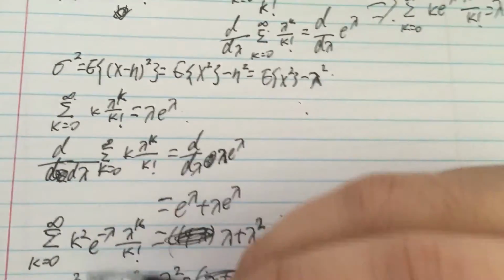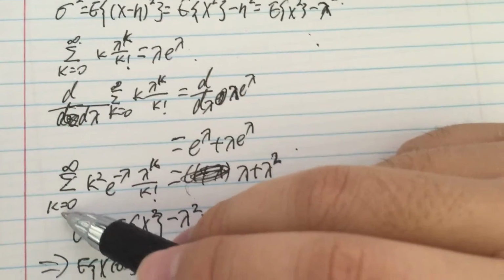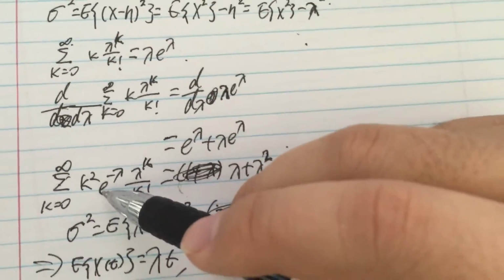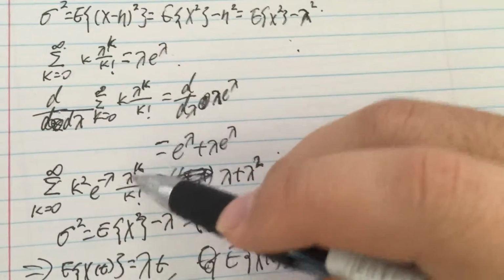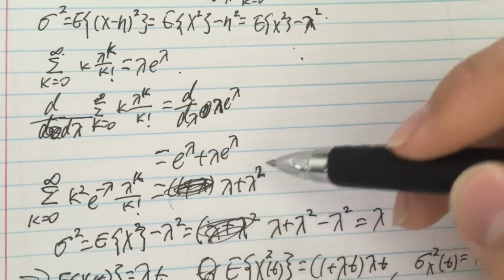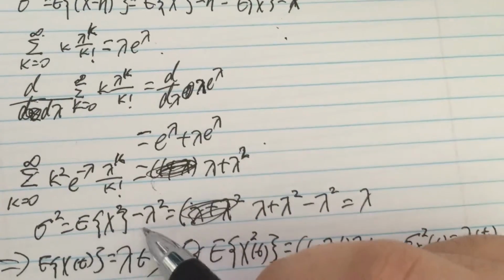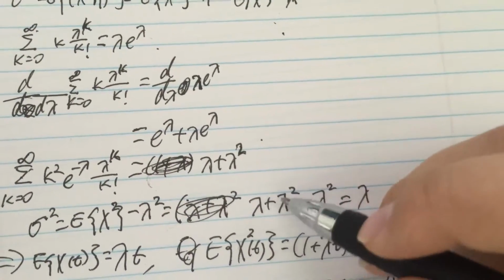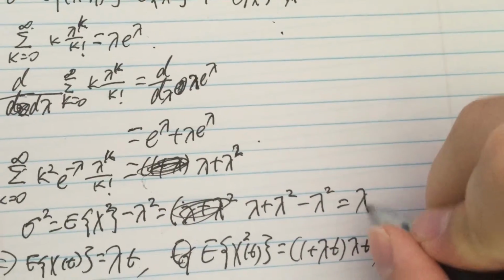Then we get the sum of k squared times e to the negative lambda times lambda to the k over k factorial, which is equal to lambda plus lambda squared. Then the variance, E[X squared] minus lambda squared, equals lambda plus lambda squared minus lambda squared, which is equal to lambda.